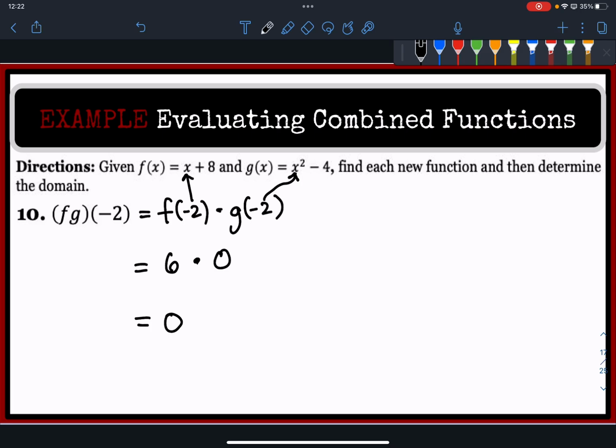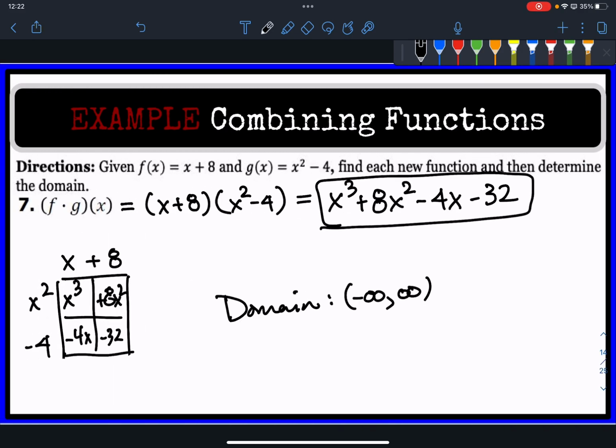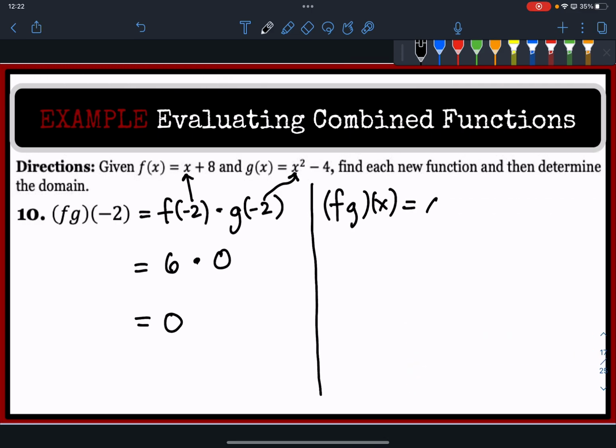And look how much more convenient this is compared to first multiplying the two functions, which again we already did in example number 7, which is x to the third power plus 8x to the second minus 4x minus 32, and then plugging in negative 2.